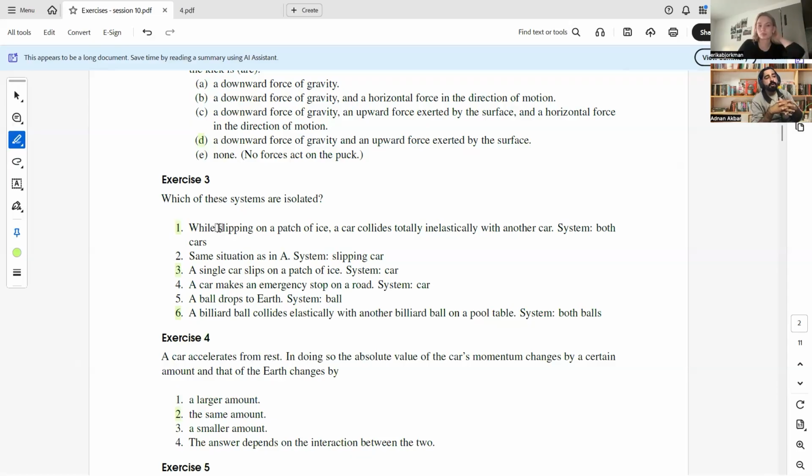In the first part, while sliding on a patch of ice, a car collides totally inelastically with another car, while our system in this case consists of both cars. So both cars are the system.